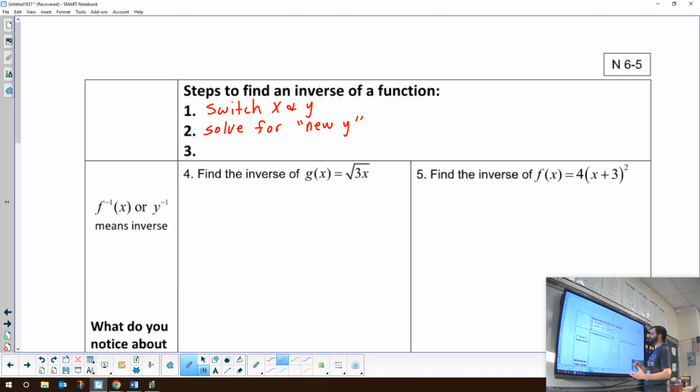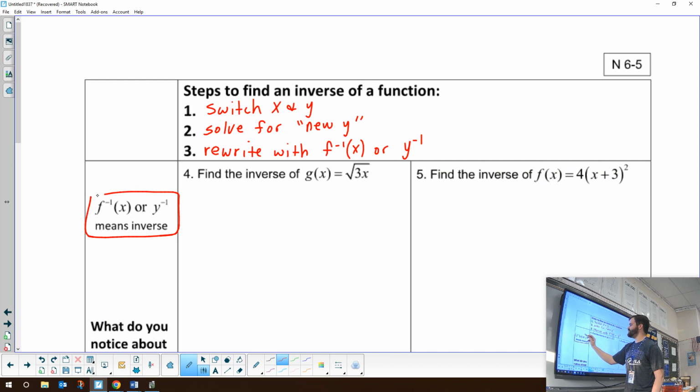Then we can rewrite it to show that it's the inverse. So you either use f to the negative 1 of x or y to the negative 1. Anytime you see a little negative 1 up here in the corner, that means that it's an inverse.